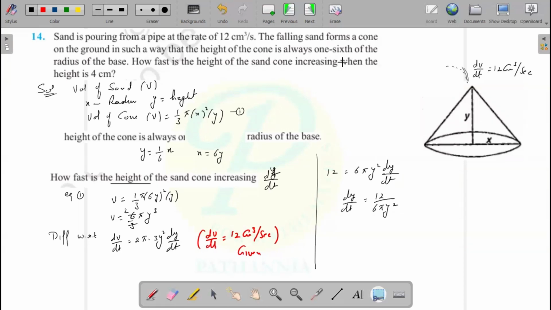And he mentioned 36. This is 12. This is 12.